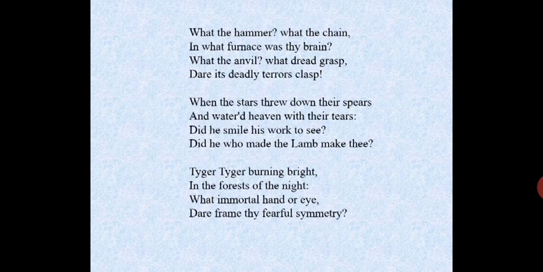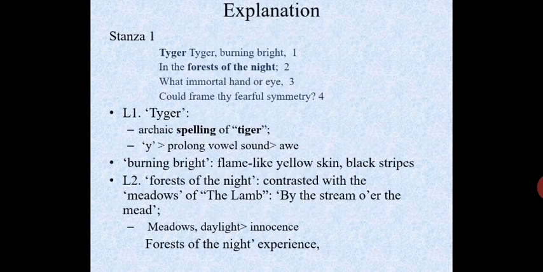So let's analyze the poem. Stanza 1. Tiger, tiger, burning bright in the forests of the night, what immortal hand or eye could frame thy fearful symmetry? I have already said that Tyger is the archaic spelling of the word tiger. But also, as you can assume, this Tyger, quote unquote, is a bit different.